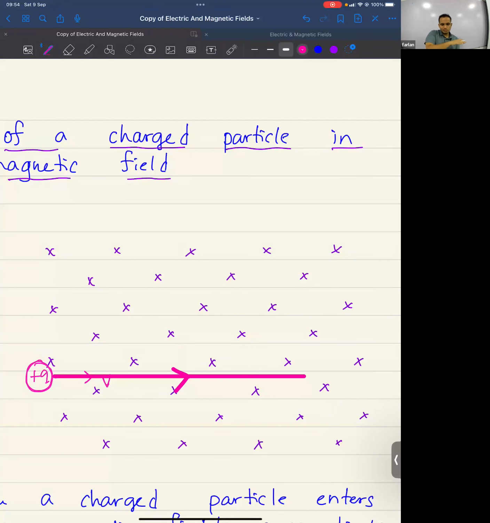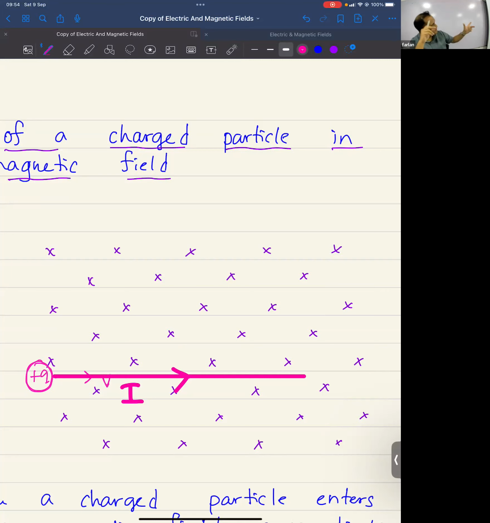So when this positive charge is moving this way, that is equivalent to a current flowing in this direction. Now this moving charge will experience a force in this magnetic field. To see which way the force is going to be, once again we can use Fleming's left hand rule.